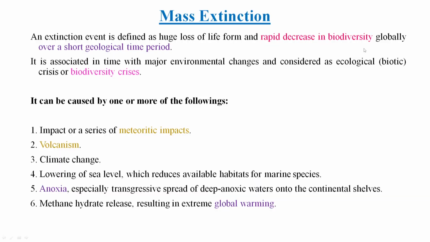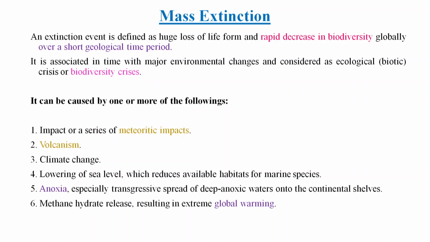A mass extinction event is defined as a huge loss of life forms and rapid decrease in biodiversity globally over a very short geological time period. The time we are concerned with here will be, for example, a couple of years maximum, a couple of decades, but the loss of biodiversity is huge over a very short time span.